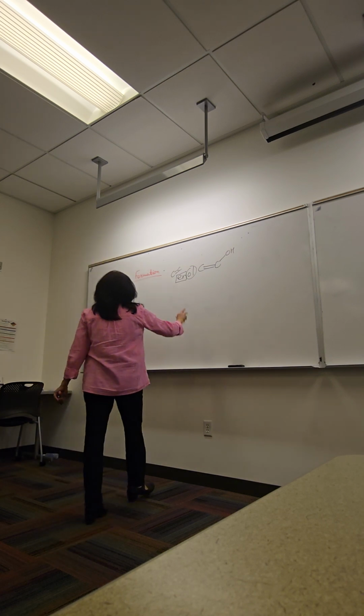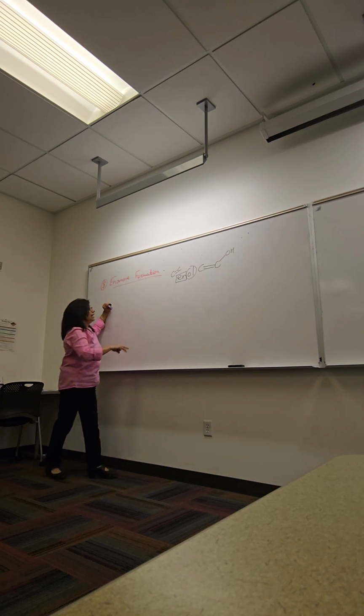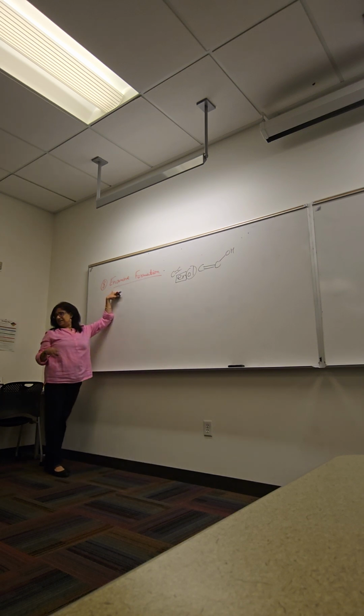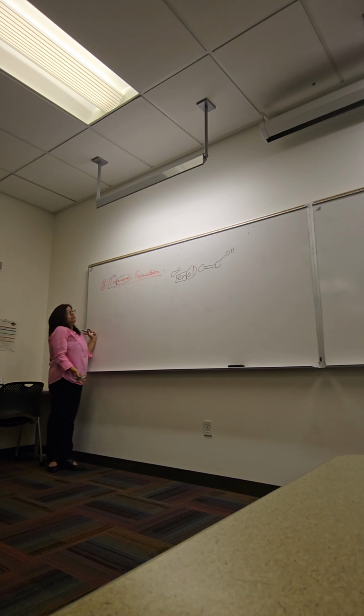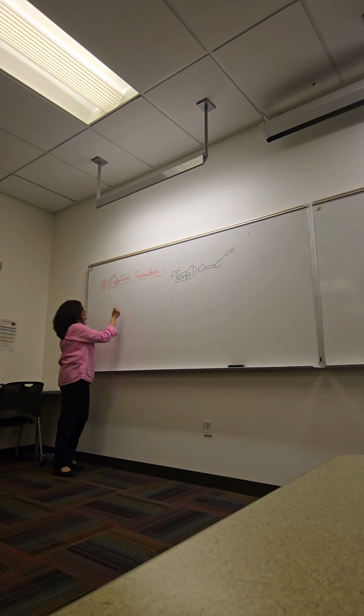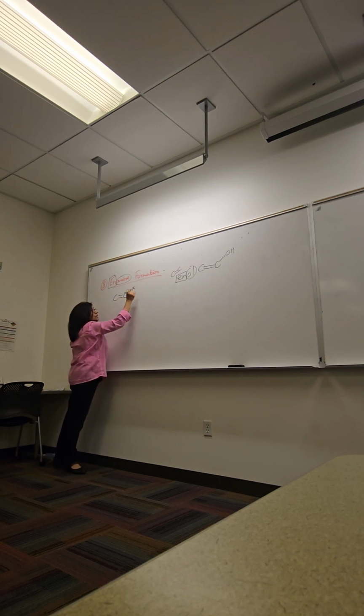We've done that. So anyways, any guesses what an enamine is? C=C with an amine on it. Exactly. That's pretty much what it is. So an enamine is a C=C alkene with an amine on it.